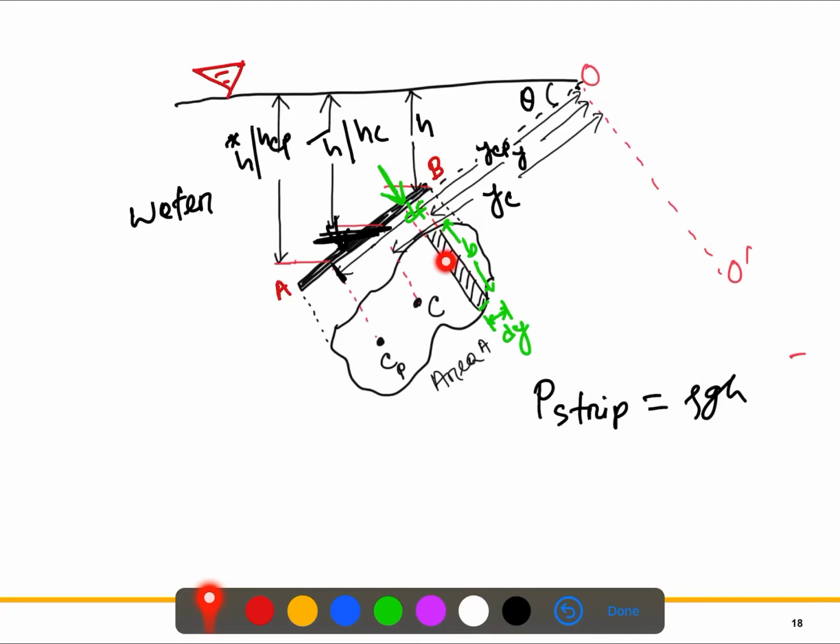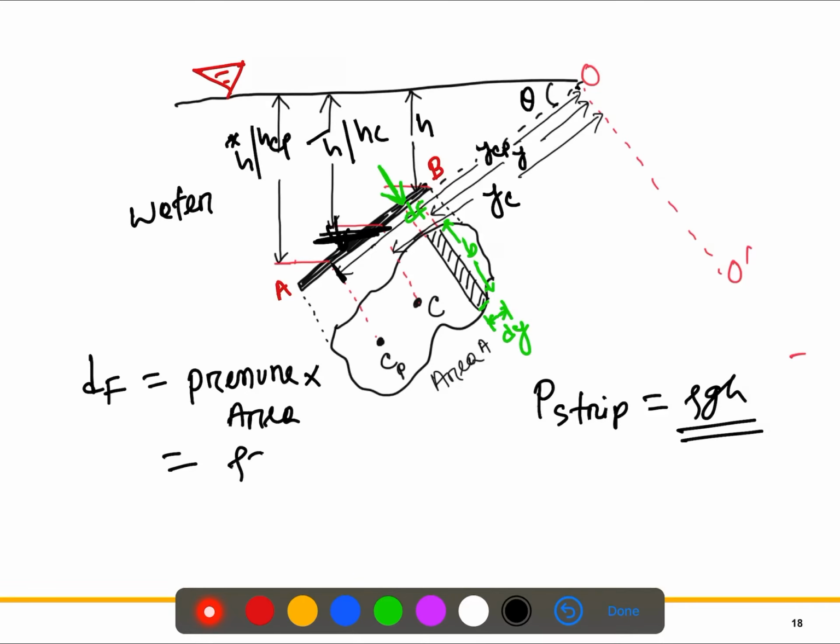Now if we want to calculate the pressure force, the force due to the pressure on this very elementary section, we say the force will be dF. So dF is the force, equal to pressure into area. The pressure here is rho g h.